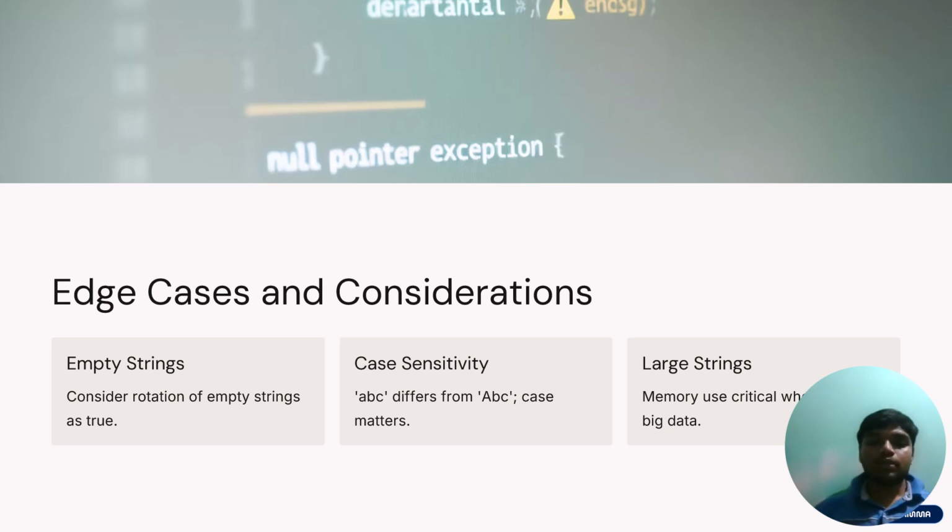Space usage. The reverse technique is more space efficient, especially in languages that allow in-place modification, as it can achieve the rotation with constant space. Ease of implementation.